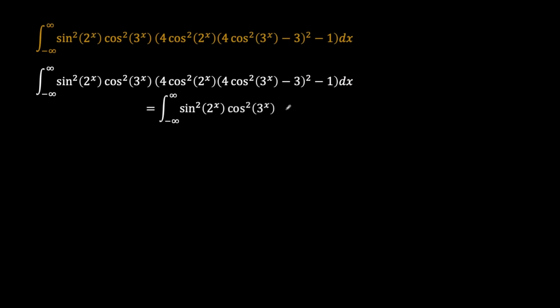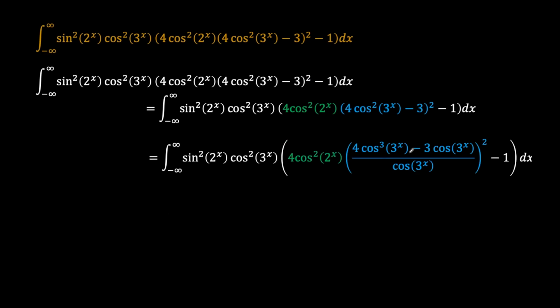If we multiply cosine of 3 to the power x into this denominator, and then obviously have a denominator of cosine 3 to the power x as follows, you realize that we have 4 cosine cubed 3 to the power x minus 3 cosine 3 to the power x over cosine 3 to the power x, because we multiply both the numerator and the denominator by cosine 3 to the power x.